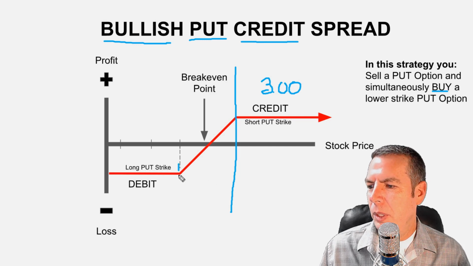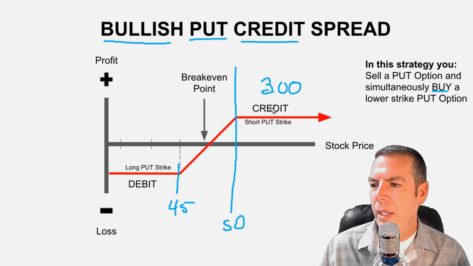So let's say we sold a $5 wide spread, and maybe this was a $50 strike price here, and we also bought the $45 as protection. To find that break-even point, we would take that $500 or $5 wide spread minus the $3, and that would allow that stock to trade down to about that $47 mark, and that would be our break-even point on this trade.